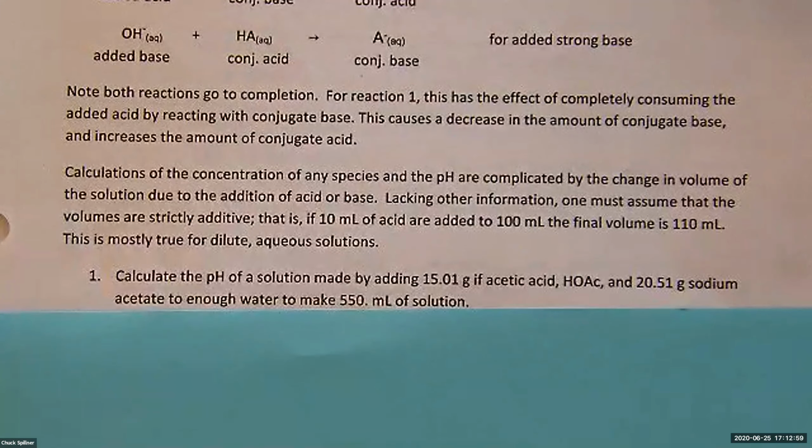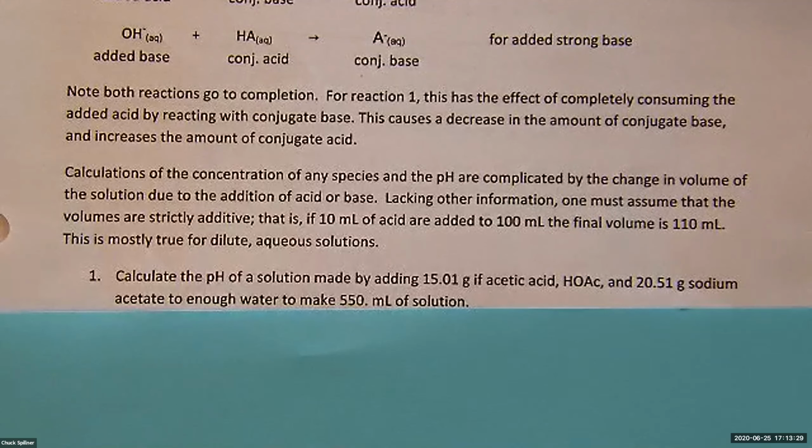The first problem says calculate the pH of a solution made by adding 15.01 grams of acetic acid and 20.51 grams of sodium acetate. This seems to be our favorite weak acid and conjugate base to look at. We've been doing calculations with acetic acid and sodium acetate for several lectures now.